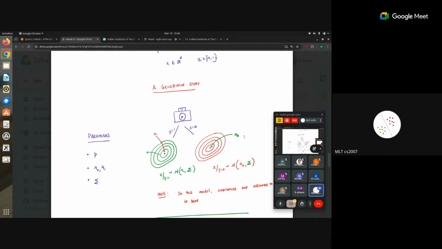You tell me now in this case. 22, sir. 10 here, 10 this side, but the variance is the same, right? If you are assuming that the sigma is the same for both, then how many will there be now? 10 plus 10 plus 2, plus 1, right?